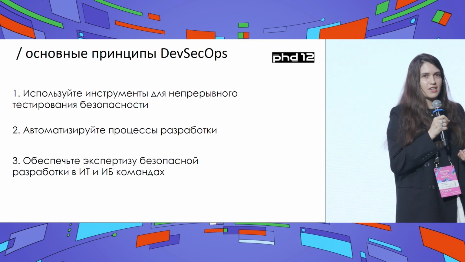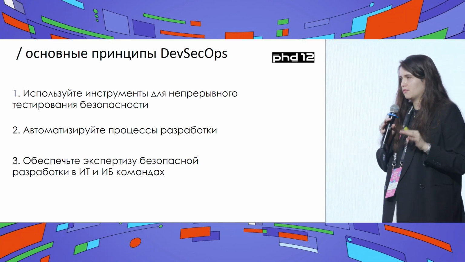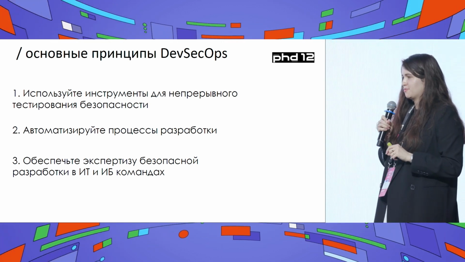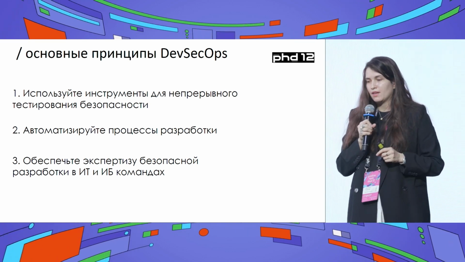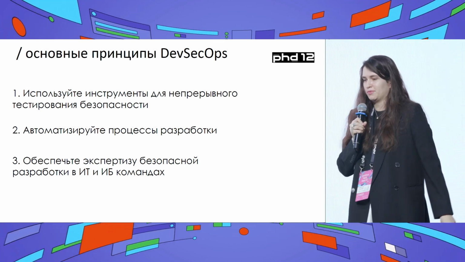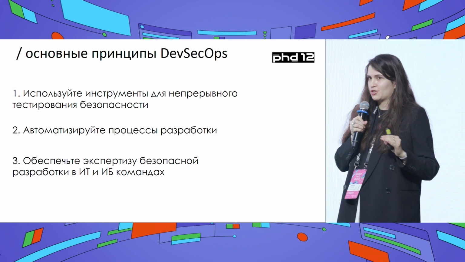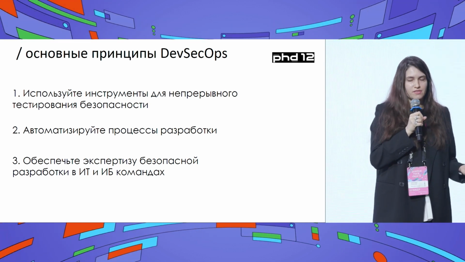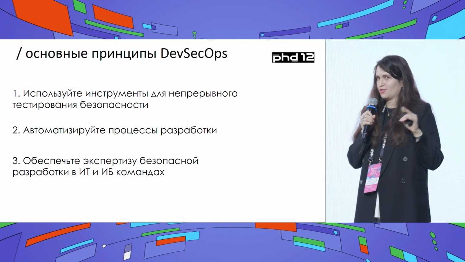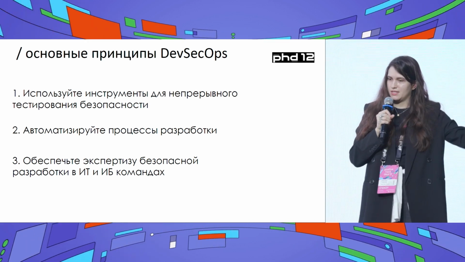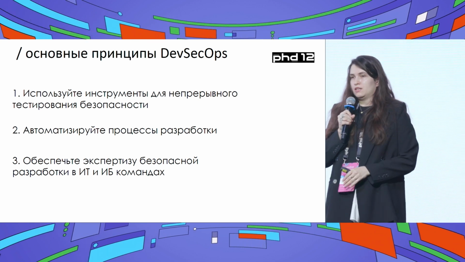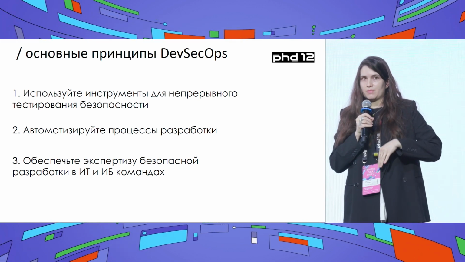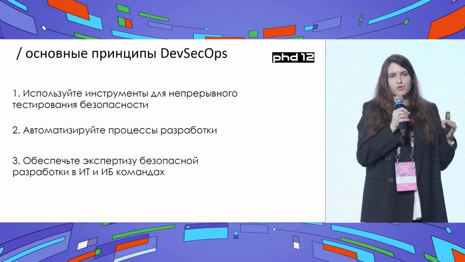DevSecOps, by the way, also has some key principles. And previously, it was said that DevSecOps rests on 3 principles. Those are people, processes, and people. I would tune it up somewhat and say that we've got to have tools for continuous security testing. Again, not points in a cycle, but it should be continuous.